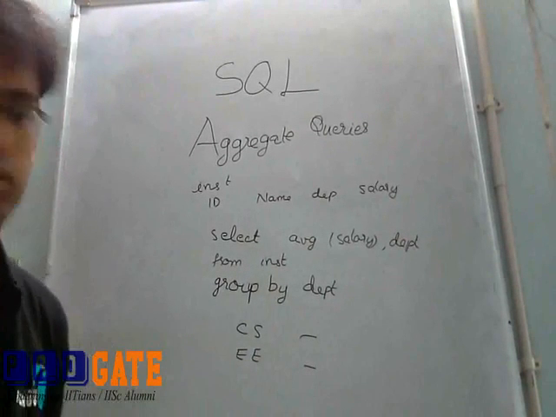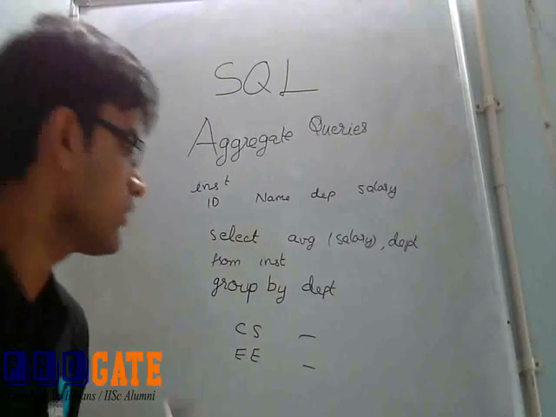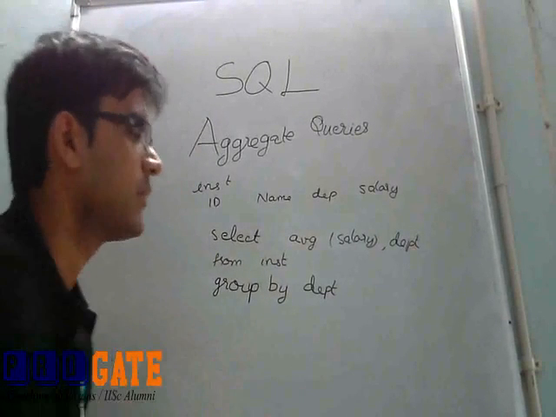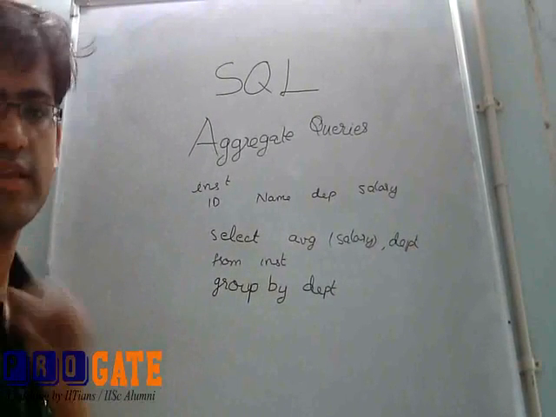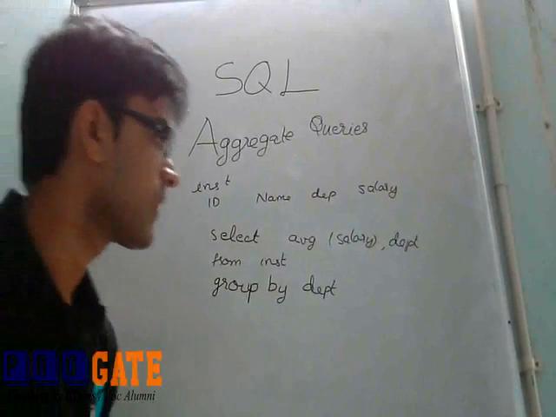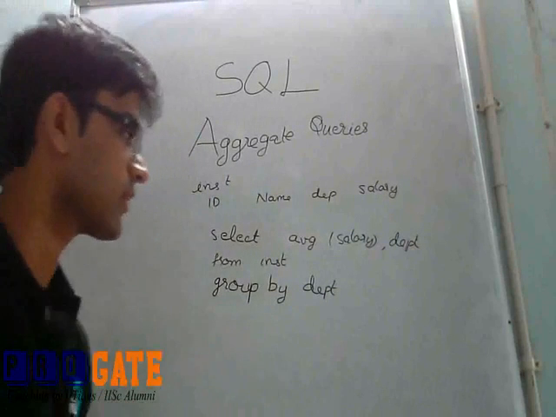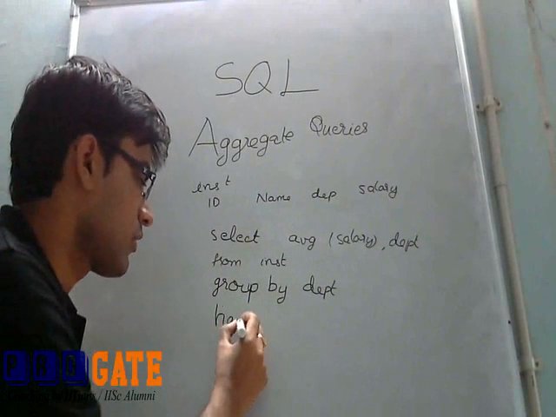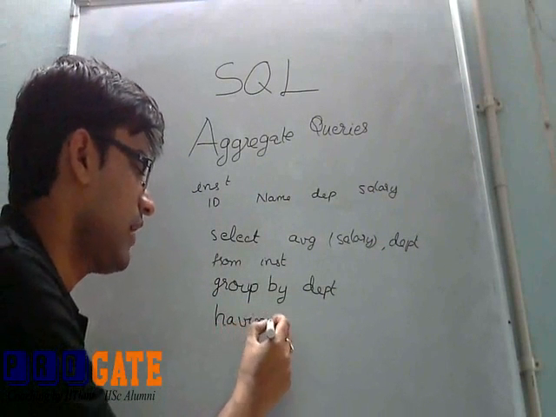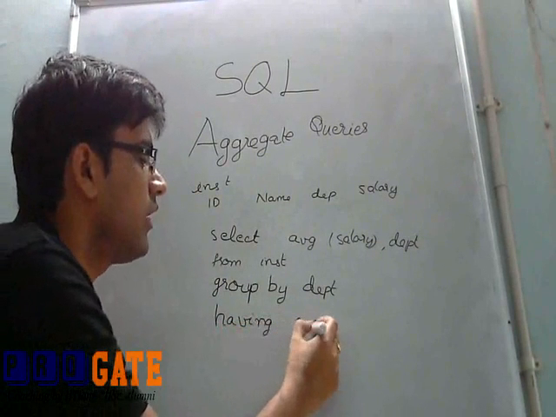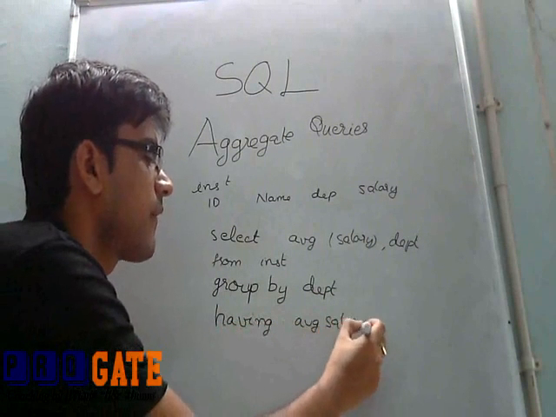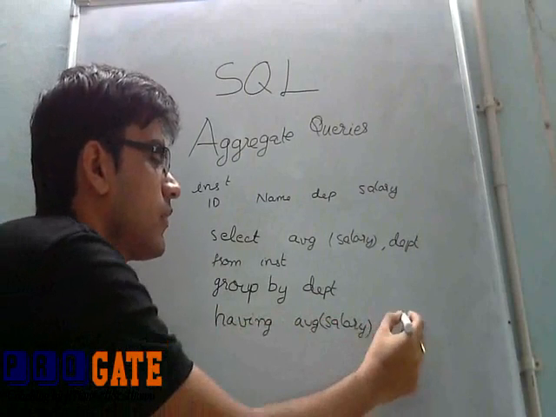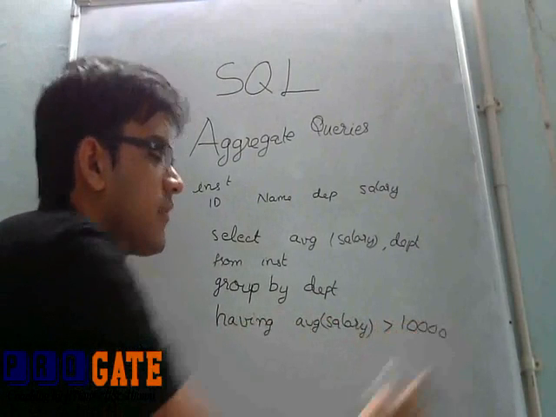Now suppose we want to select only those departments whose average salary is greater than 10,000. So in the same query, we can also write having average salary greater than 10,000.